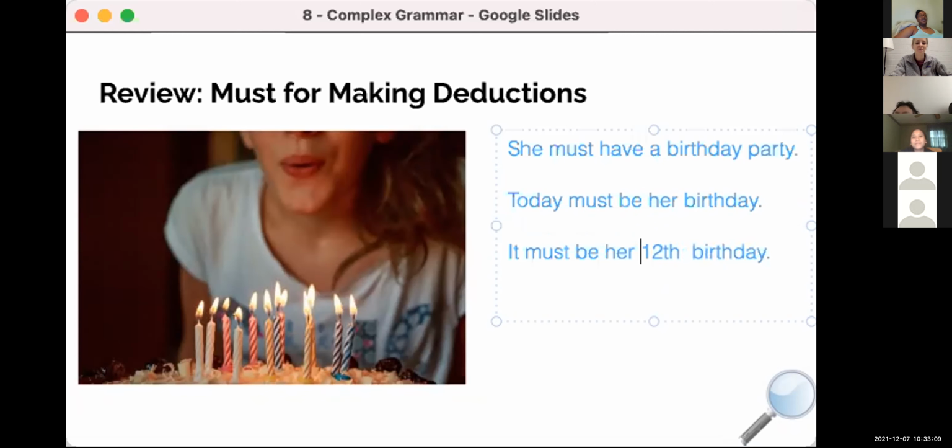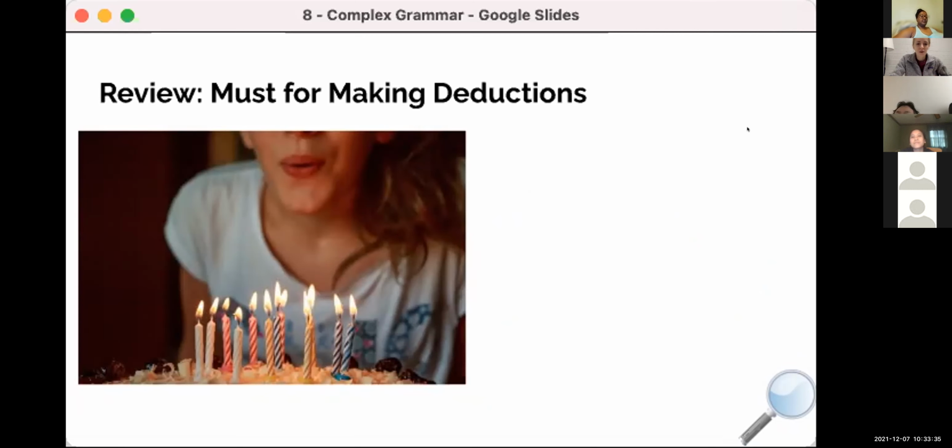Okay, yes, 12. All right, so we make a deduction. She must blow out the candles right now. It's ready. Otherwise we'll have wax on the cake and nobody wants to eat wax on the cake.